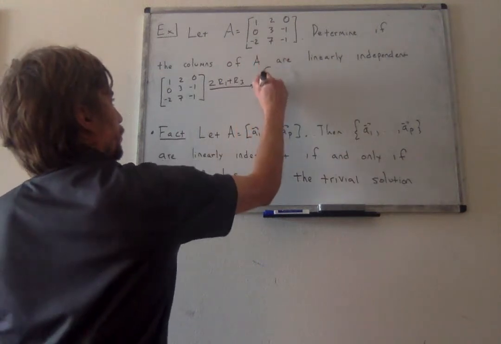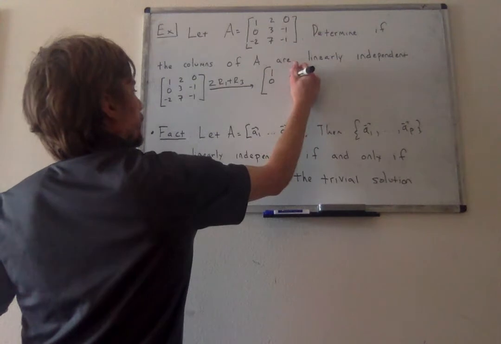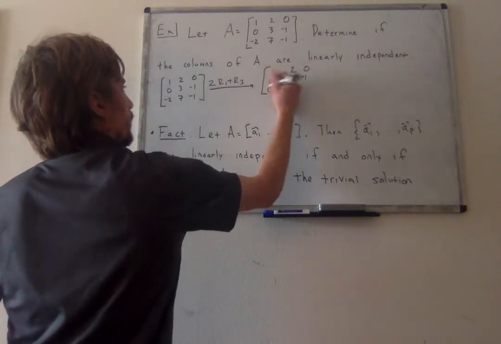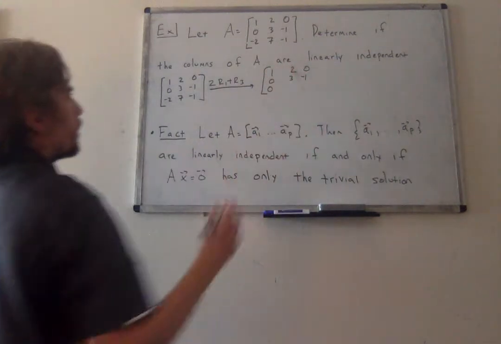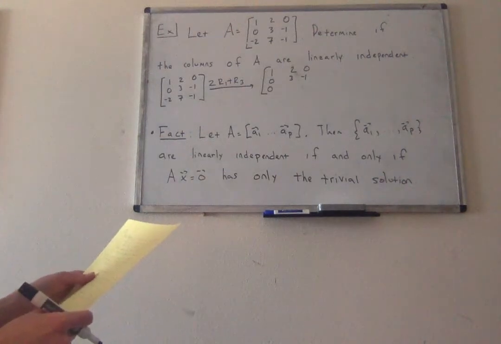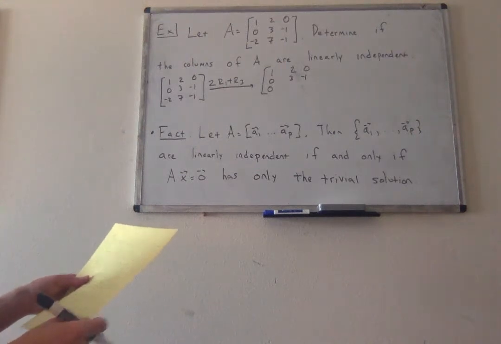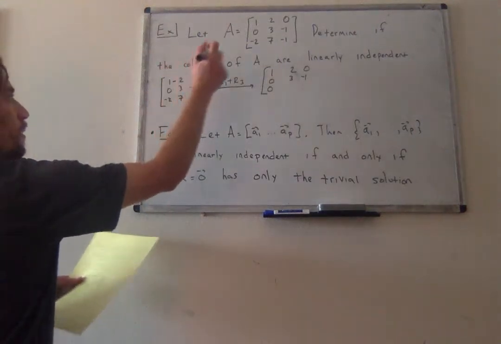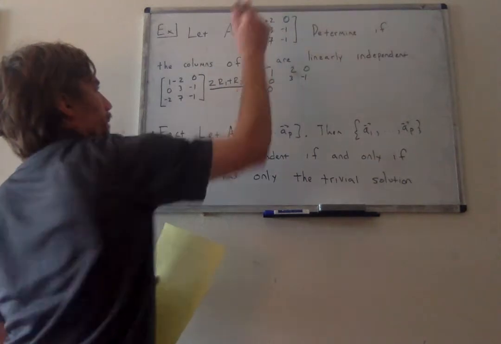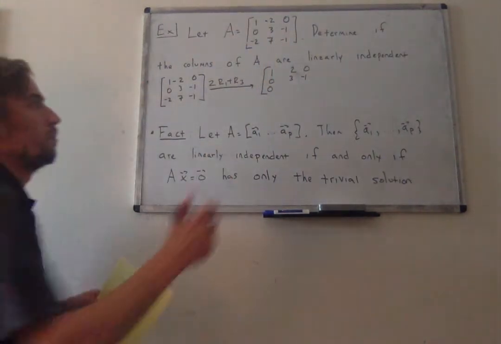So 2 row 1 plus row 3 to replace row 3. Sorry, I think I wanted to do this. So I'm going to change this problem up just a little bit. We're going to make this 2 and negative 2.